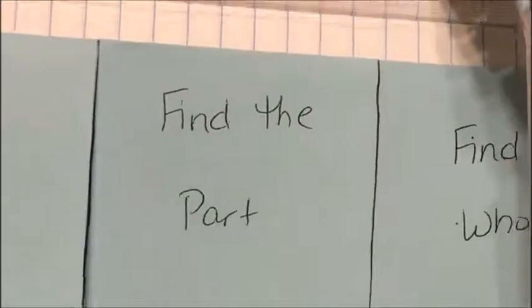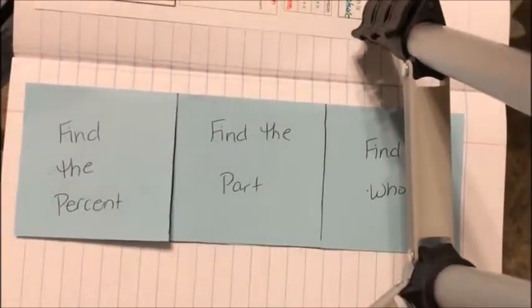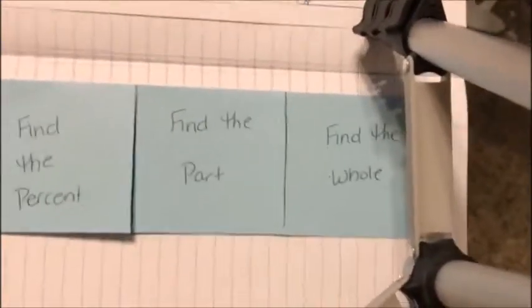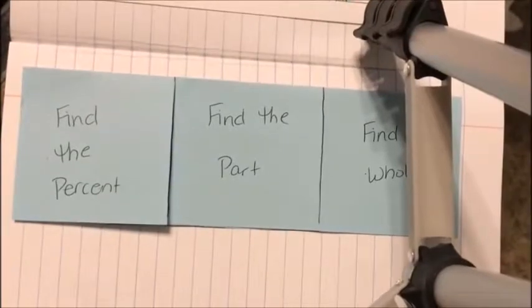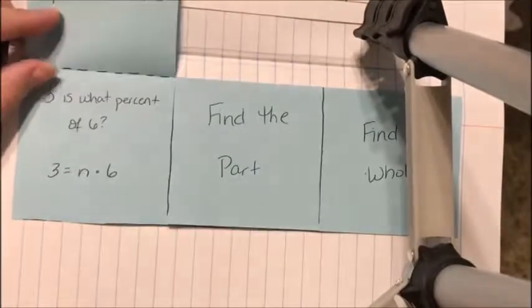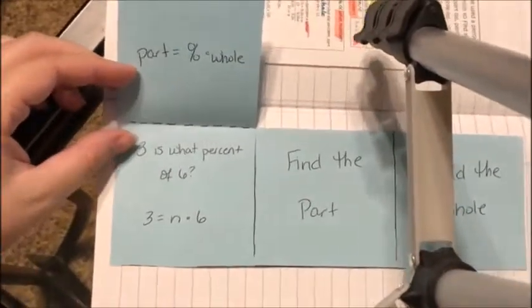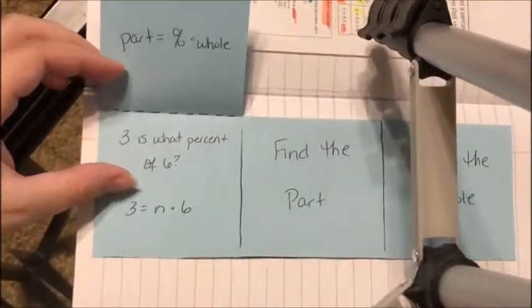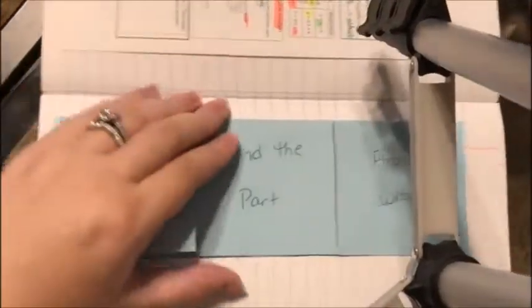All right, so everyone should have a blue foldable in their ISN, right? So here's my foldable, okay? This is just a quick reminder of how to find the percent. So remember, part equals percent times whole. 3 is what percent of 6, so 3 equals N times 6.